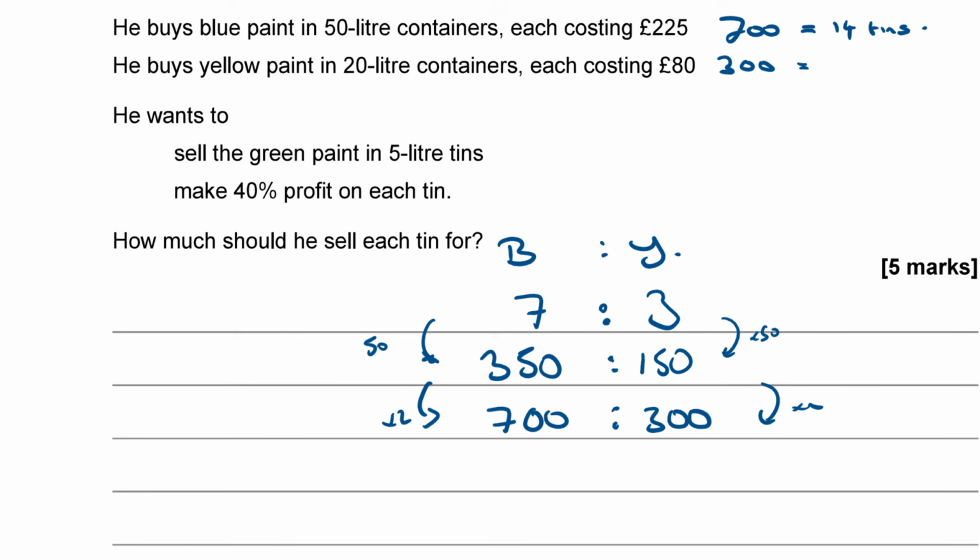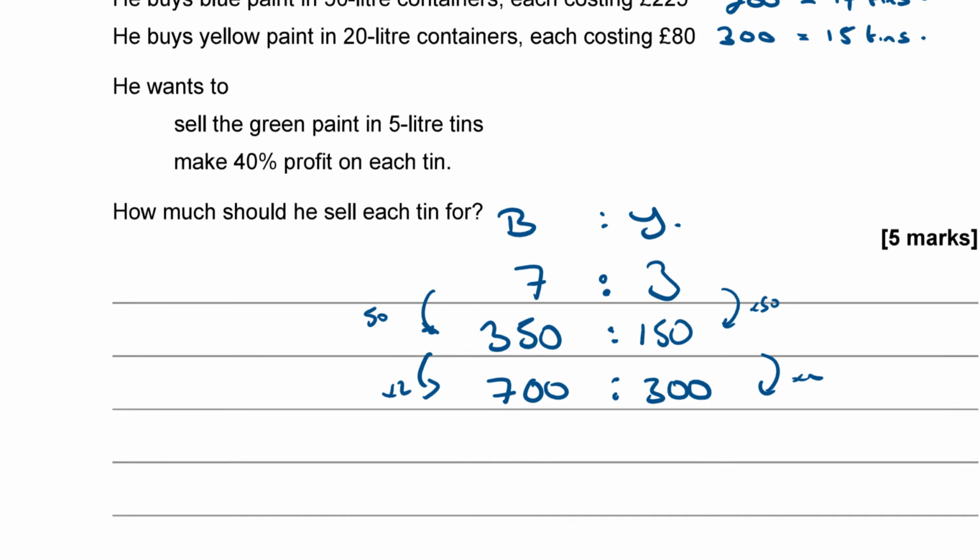And if that comes in 20 litre tins, 300 divided by 20 is 30. It's 15 tins then, isn't it? So 700 litres of blue paint was 14 tins, and 300 litres of yellow paint is 15 tins.